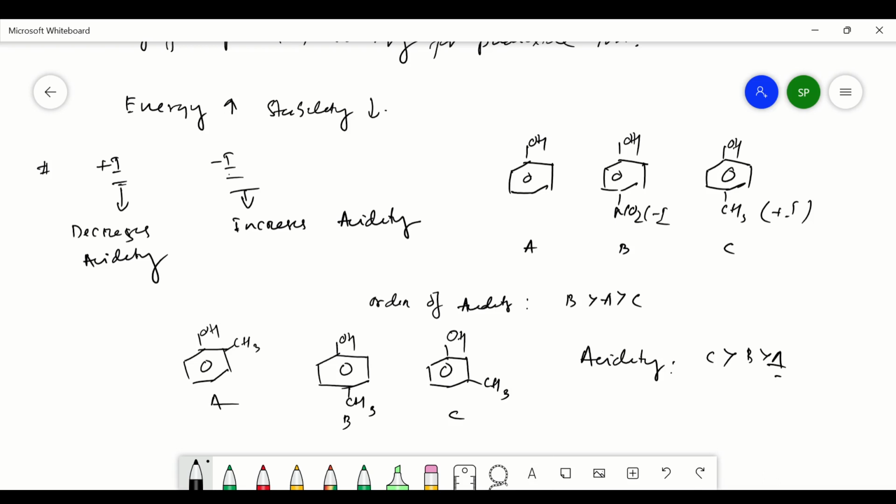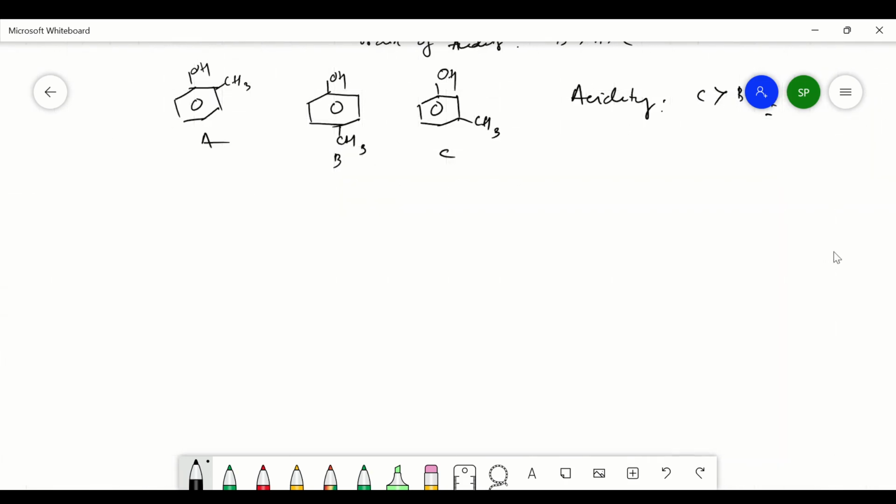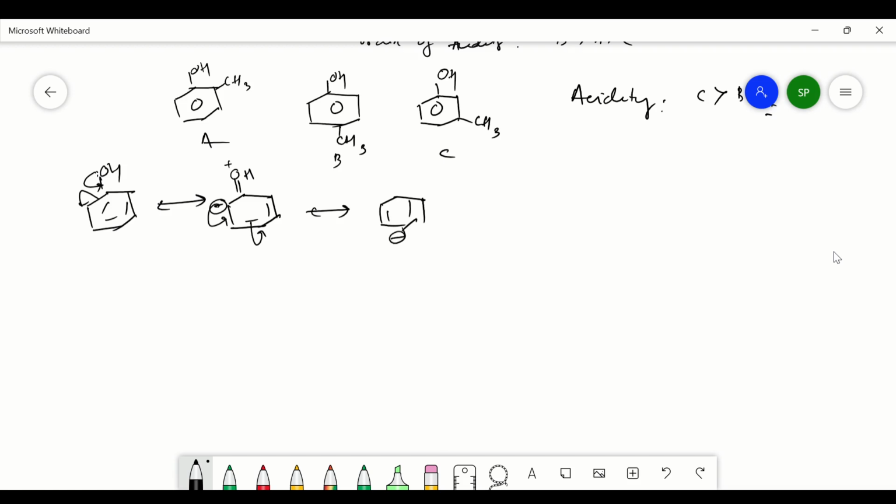The explanation for this will be, the phenol is ortho-para directing in nature. Okay, if we see the resonating structures in phenol, there is appearance of negative charge or increase in electron density at ortho, para and ortho positions.